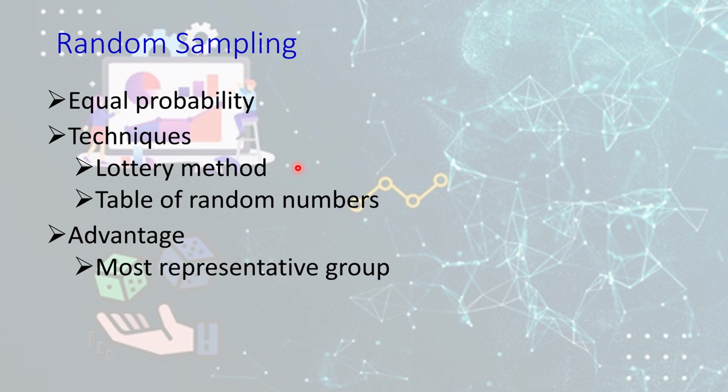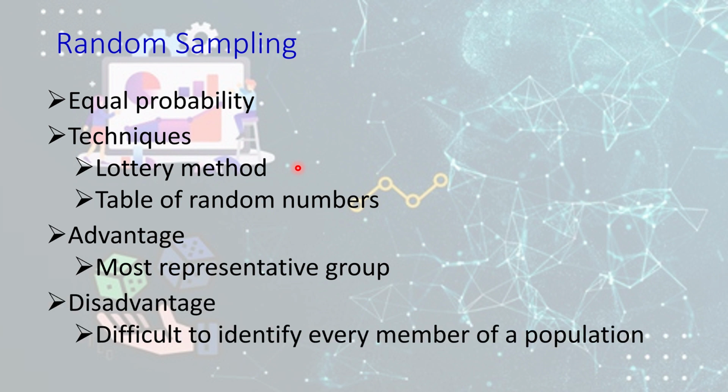So what are the advantages? The main advantage of random sampling is that it is the most representative group, because you are selecting individuals spread over the complete population, and every observation has an equal opportunity to be selected.